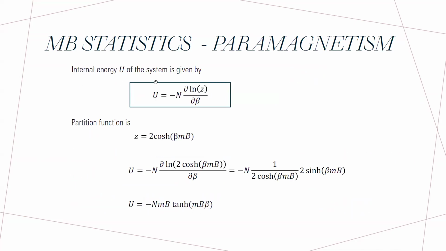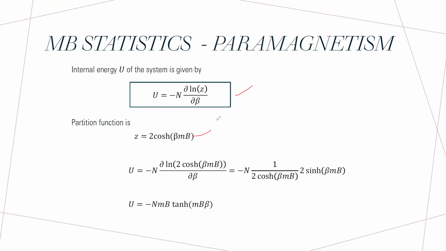And next thing we need to calculate is the internal energy. So to calculate the internal energy, I'm going to use this expression which we were deriving. So we know that simple Z is equal to 2 times hyperbolic cosine of beta times m times b.